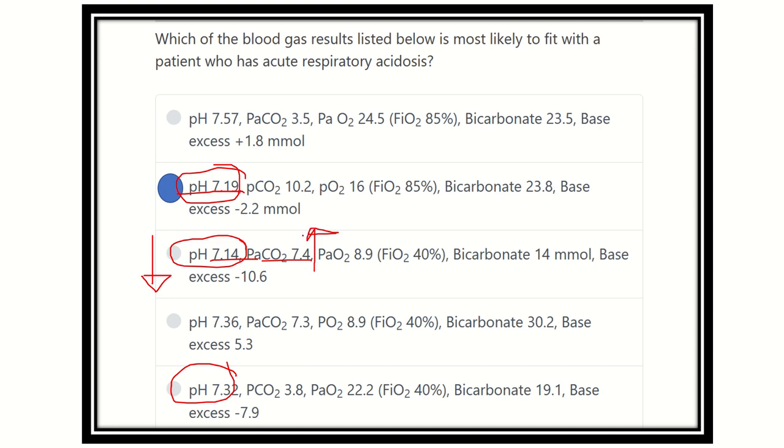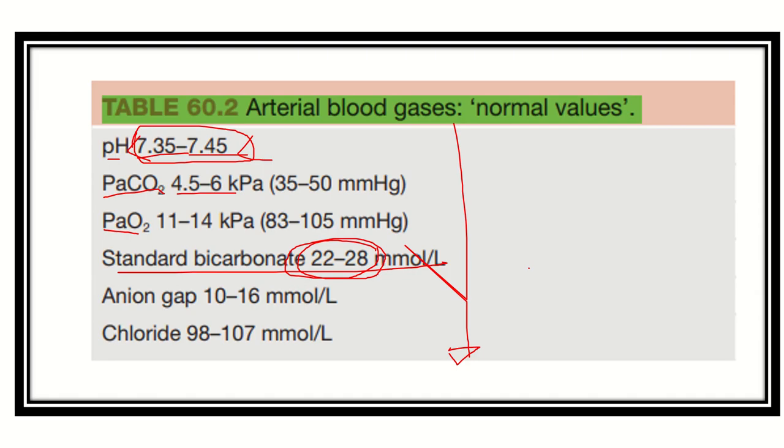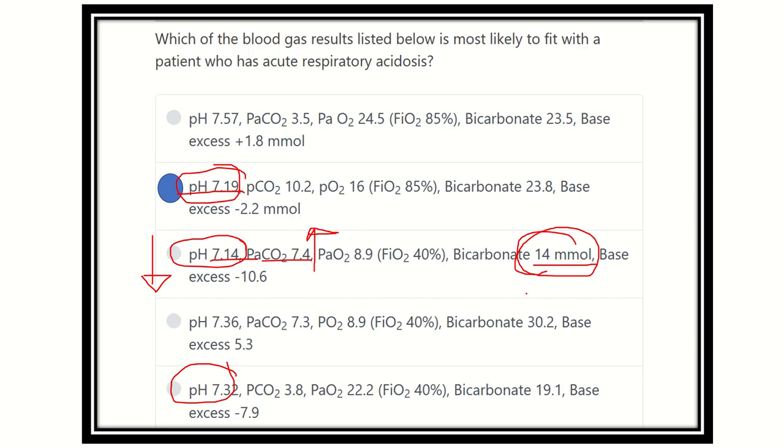But for compensation, bicarbonate should also increase. Here we can see it is low, because the normal range of bicarbonate is 22 to 28, and here it is 14, which is low. So it is not true. For this equation to be true, the bicarbonate should be normal or increased.